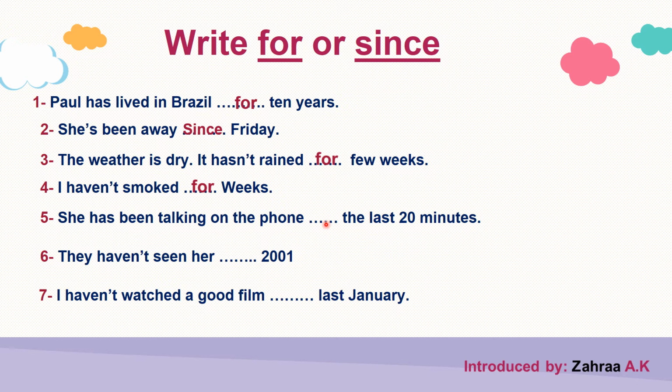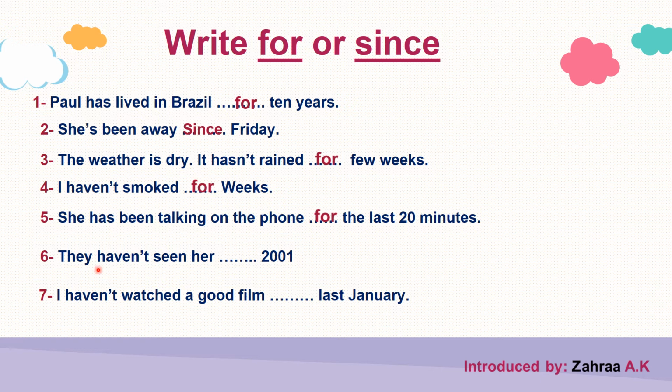So we use for. She's been talking on the phone for the last 20 minutes. هذه 20 دقيقة ما محددة من أي ساعة. So we use for. It is just an amount of time, not particular, not specific. It is just an amount, a period of time.